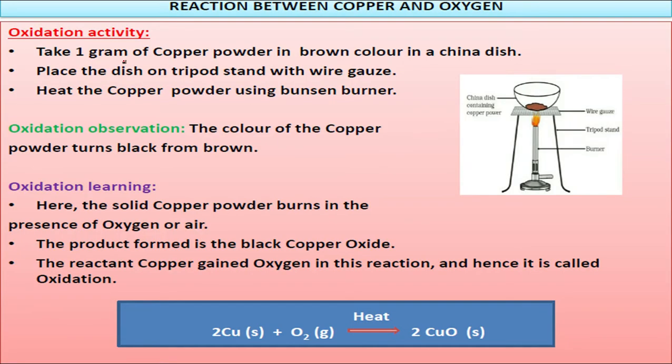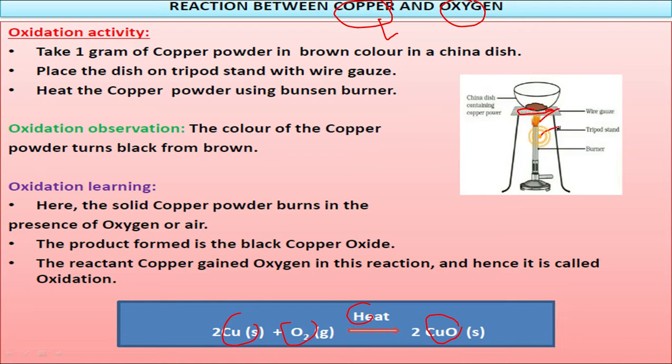Here an activity has been shown to explain redox reaction. In the initial state, copper and oxygen are there. When copper is heated in the presence of oxygen, it leads to the formation of copper oxide. In this activity, you take copper powder in a china dish, and the china dish is kept over the wire gauze under the flame.